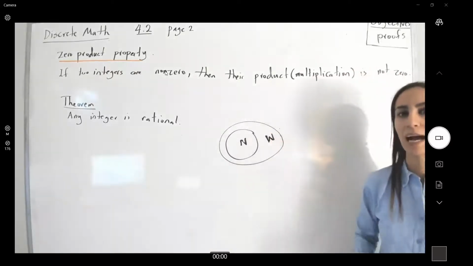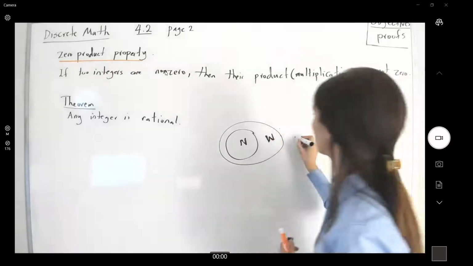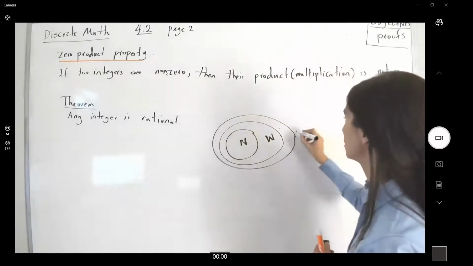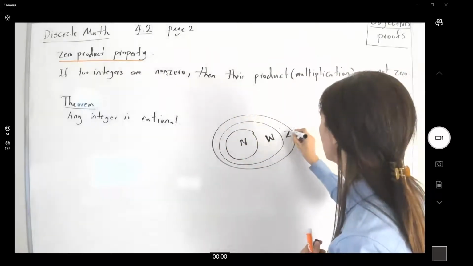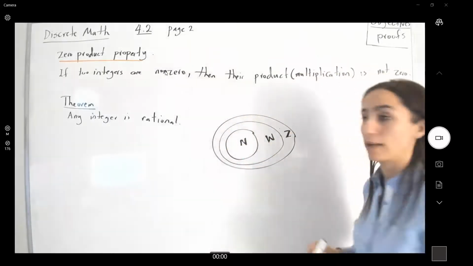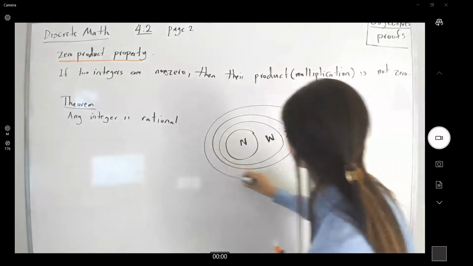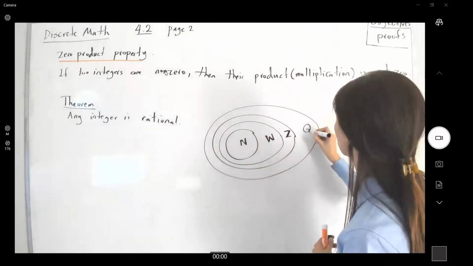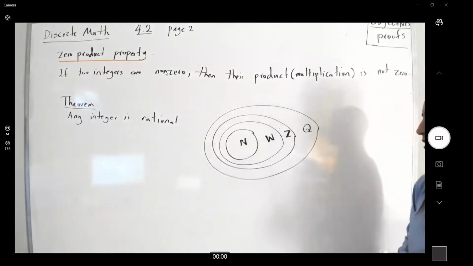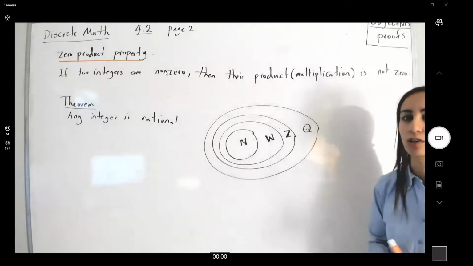Then, since we don't have negatives, we expand this into integers. We expand integers, since we don't have fractions, into rationals, Q.